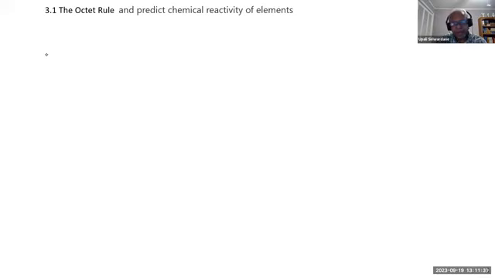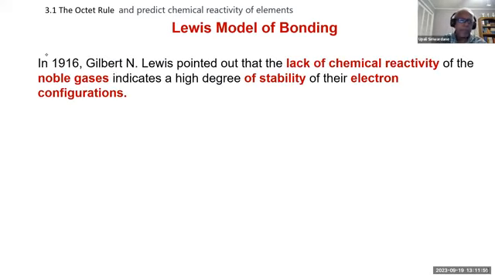Octet rule and predicting chemical reactivity of elements. That's a subsection. Lewis came up with the idea for chemical reactivity. He proposed a model for bonding. He based this idea on noble gases, which lack chemical reactivity. They are stable.